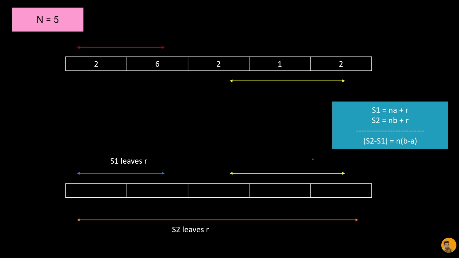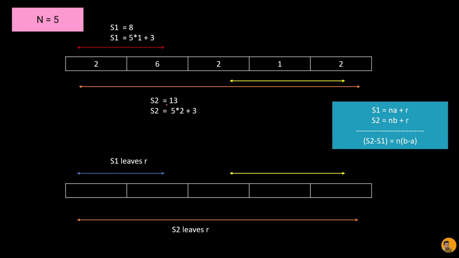And in this case, let's take the example. Here s1 is 8, 6 plus 2 is 8, and if we divide s1 by 5, that is going to give us remainder 3, right? And similarly, s2, which is 2 plus 6 plus 2 plus 1 plus 2, is 13, and I can write that as 5 into 2 plus 3, where 3 is the remainder.